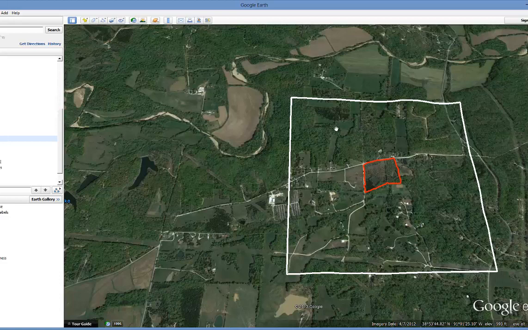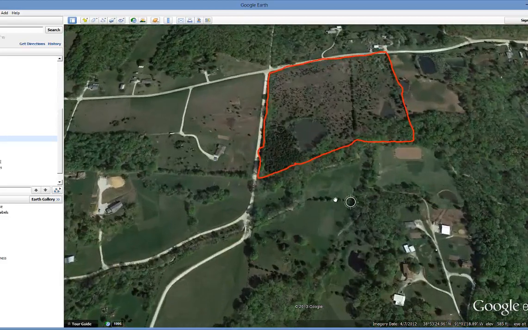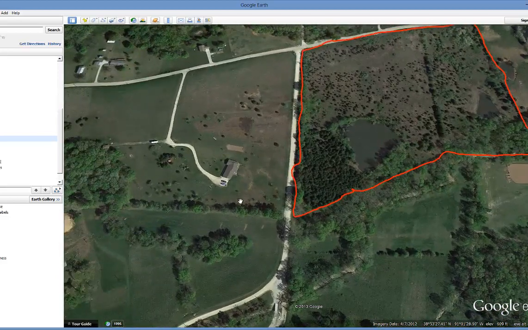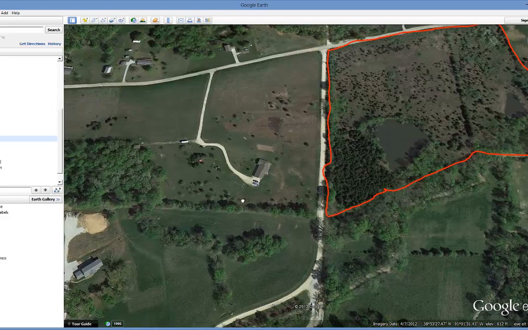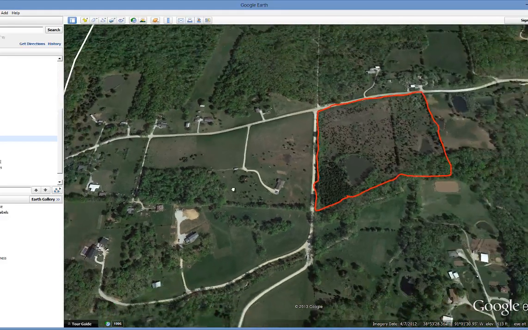So you are actually hunting deer from these areas around the property. If you're hunting a property like this, you have to take into account where the deer could be on other properties. The deer could be here in these patches of woods.